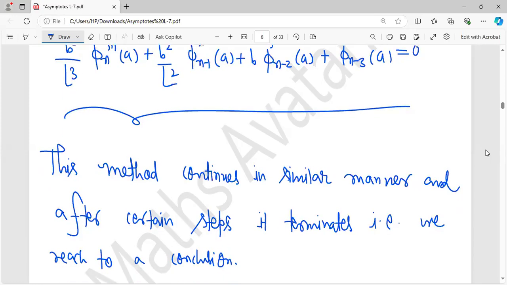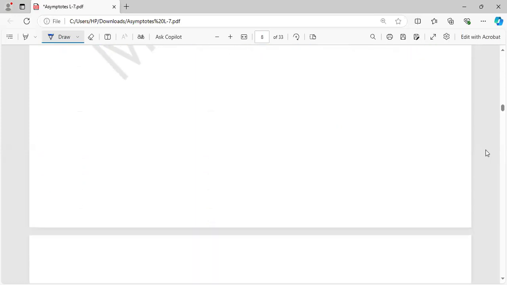So now we are going to see examples. So example 1 we are taking.